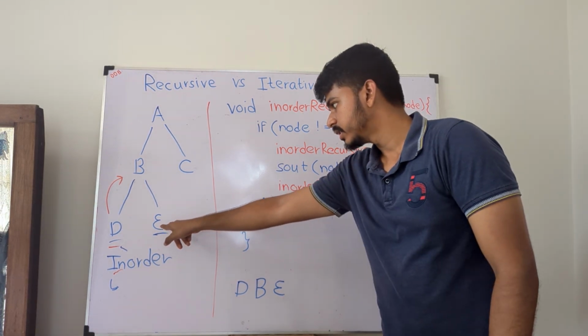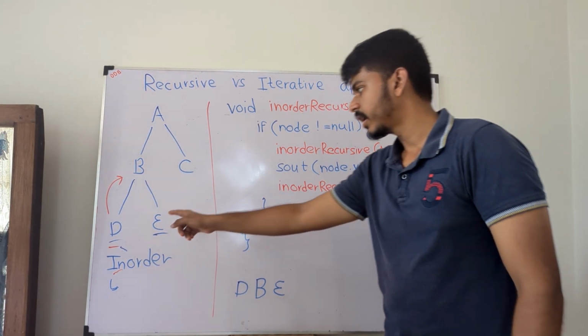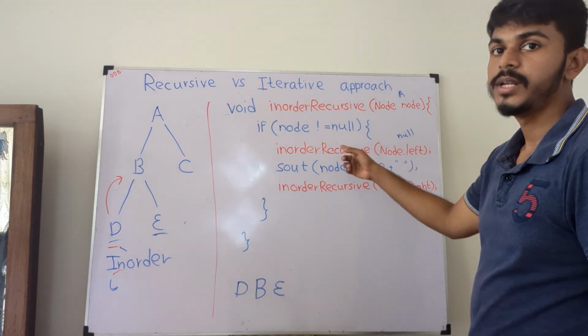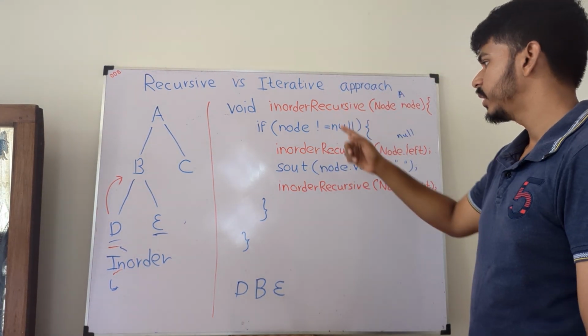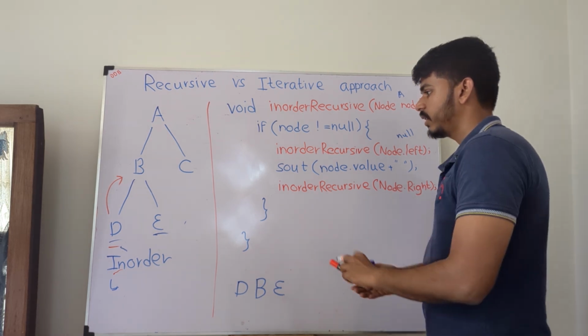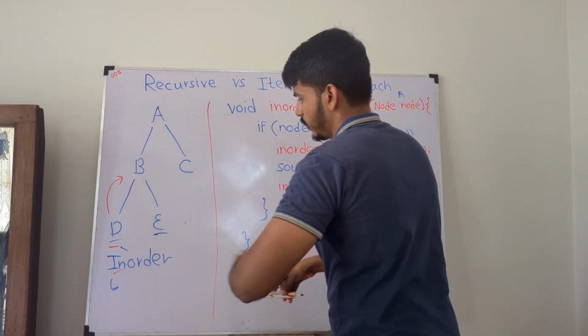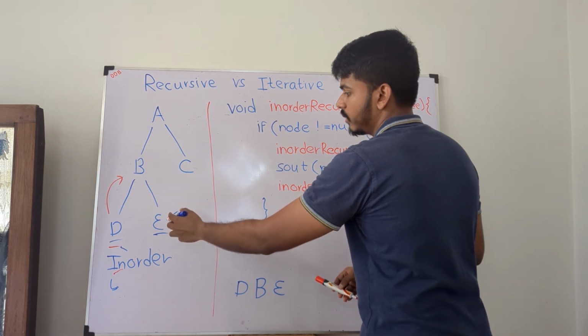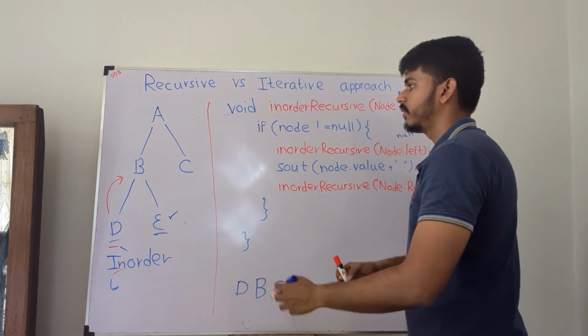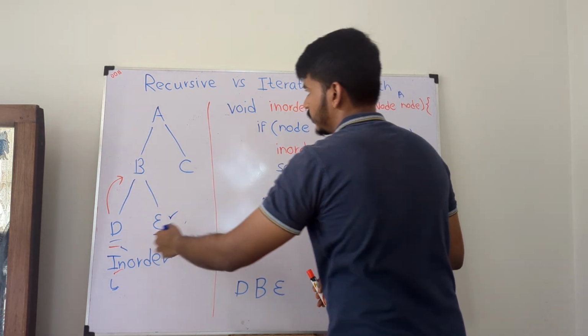E doesn't have a right child, so it is also going to be null. Then it is going to return again. Then after that we have completed E's subtree. Then we have completed B's subtree.